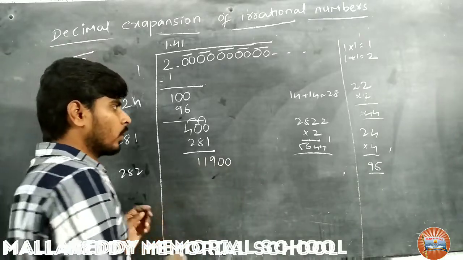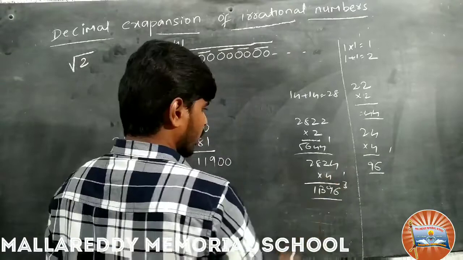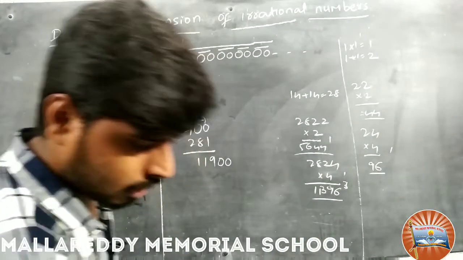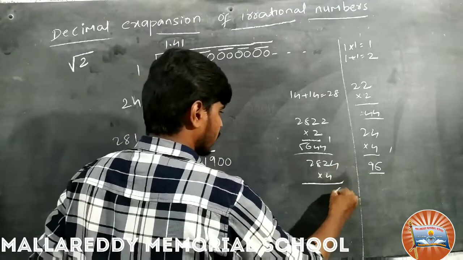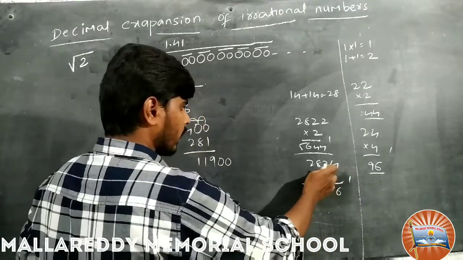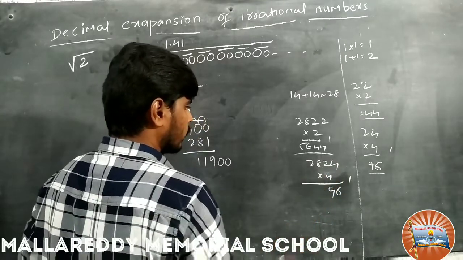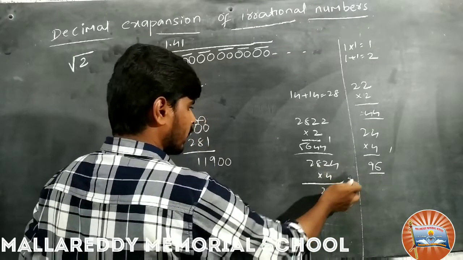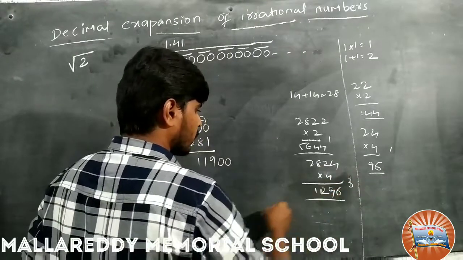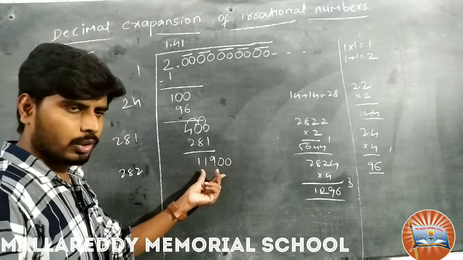What do we do here? Take 282 and try 4. 4 fours are 16, 1 carry, 4 twos are 8, 9, 4 eights are 32, 2 is here and 3 carry, 4 twos are 8, 9, 10, 11. So it becomes 11296. 11296 is sufficient for this 11900.